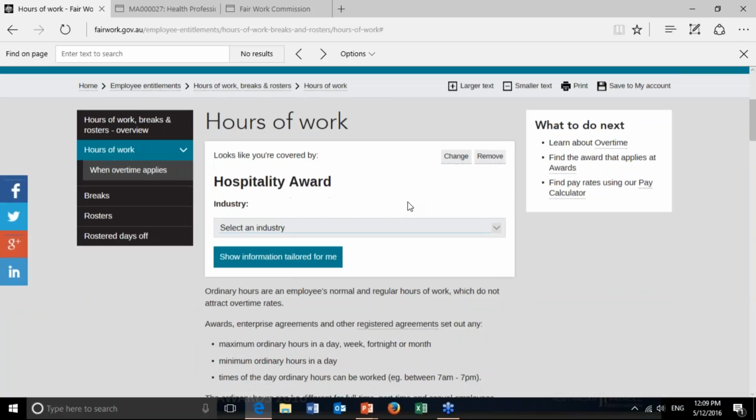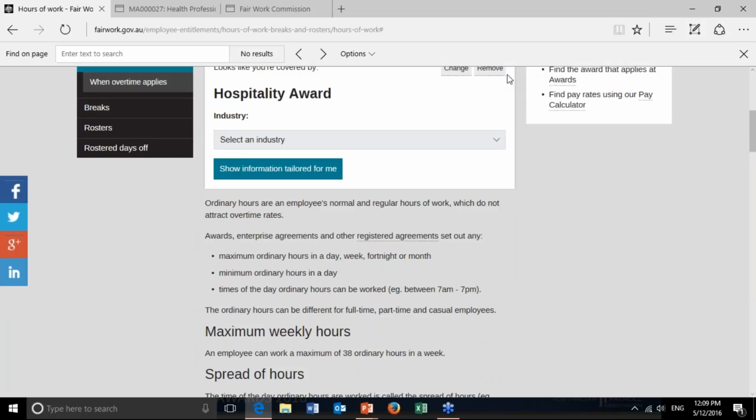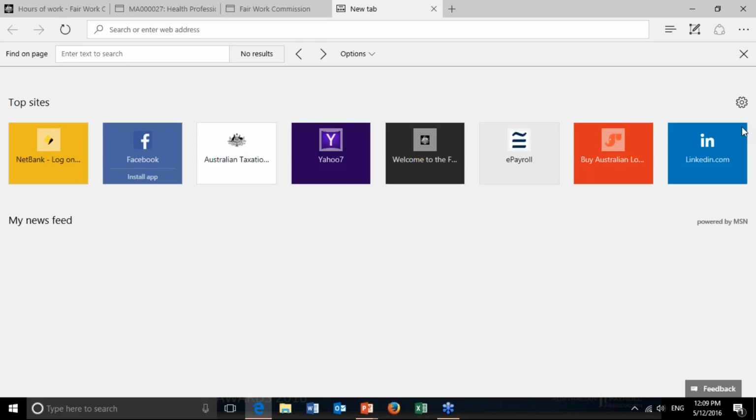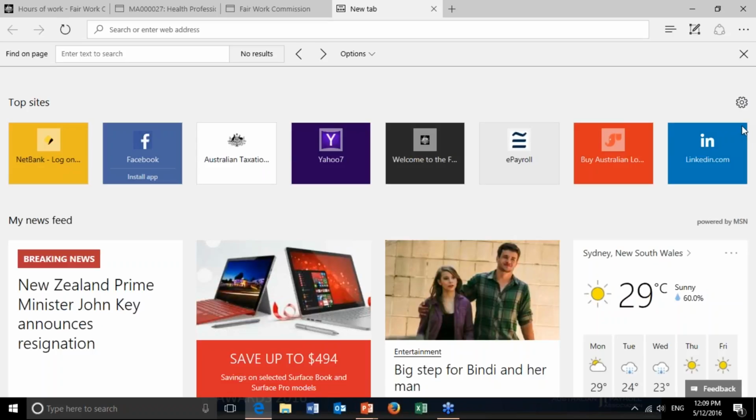Let's just remove the award. If I did have a look at that award, I'll look it up for you. We have got a bit of time, so I will get to the other questions. MA 58.